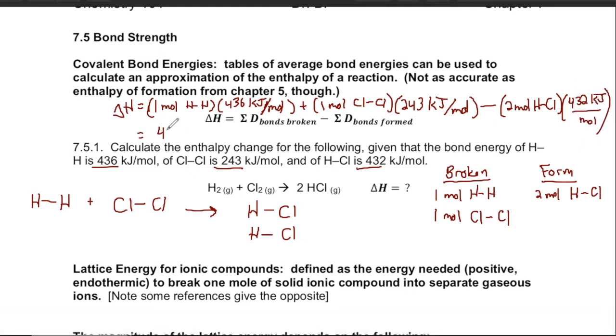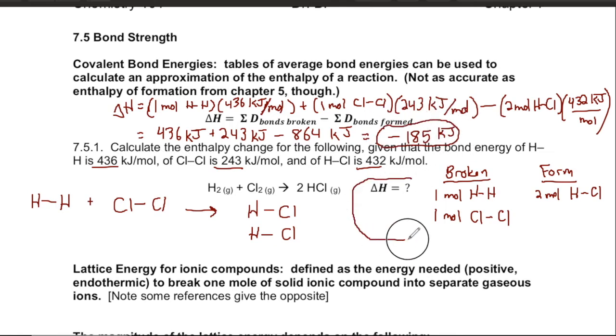So this ends up being 436 kilojoules plus 243 kilojoules minus 864 kilojoules, which gives an enthalpy change altogether of negative 185 kilojoules for this reaction. So this over here, minus 185 kilojoules.